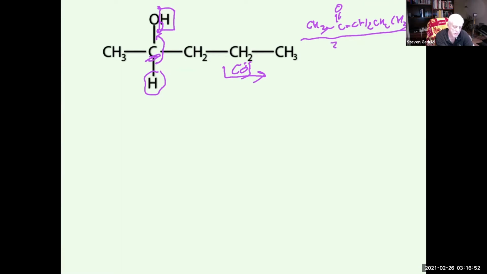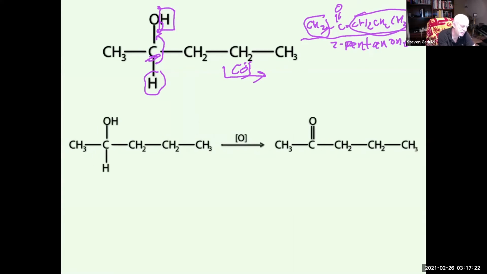So it's 2-pentanone, AN because it's all single bonds, and ONE. The common name would be methyl propyl ketone, a methyl group and a propyl group attached to a ketone. You might see that name also.